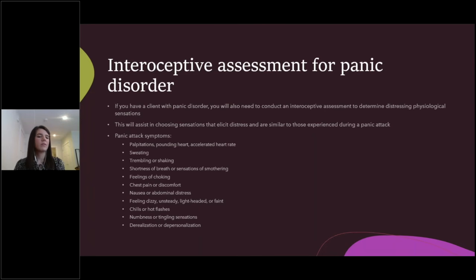So panic attack symptoms are below here, and they are palpitations, pounding heart, accelerated heart rate, sweating, trembling or shaking, shortness of breath or sensations of smothering, feelings of choking, chest pain or discomfort, nausea or abdominal distress, feeling dizzy, unsteady, lightheaded or faint, chills or hot flashes, numbness or tingling sensations, and derealization or depersonalization. And someone having a panic attack can have a variety of combinations of these symptoms.